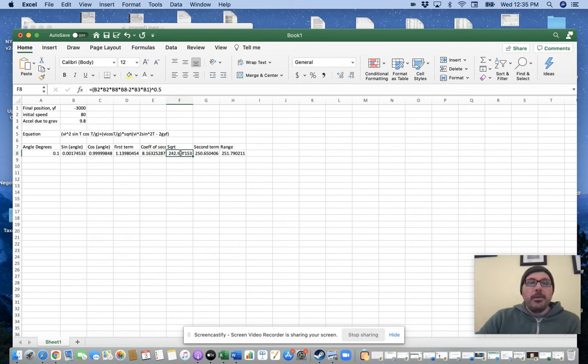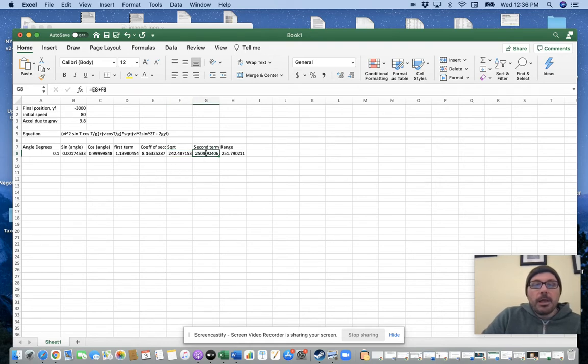Cool. And then the thing underneath the square root, I have vi squared, so B2, and then times sine squared, and so that is B8, which is correct there, minus 2 times the g, which is in cell B3, times yf, which is in cell B1, and then took the square root of that.